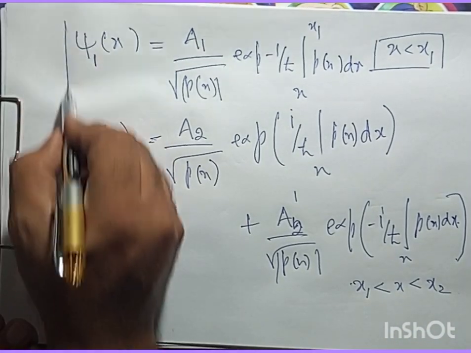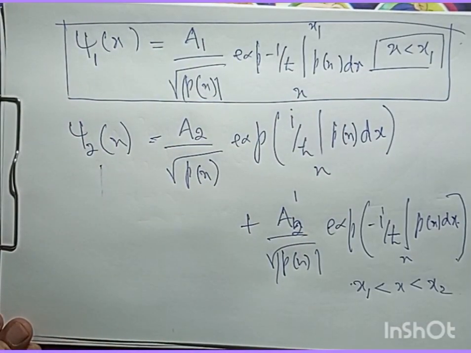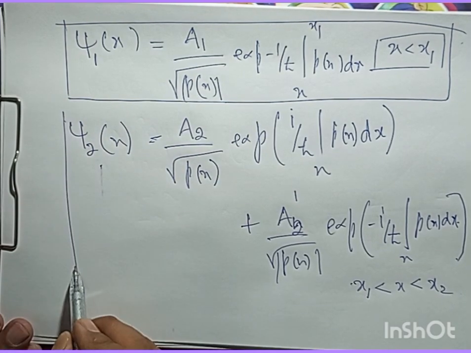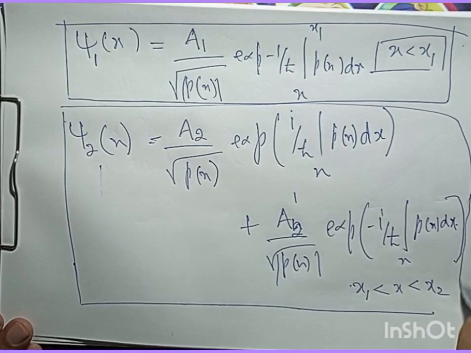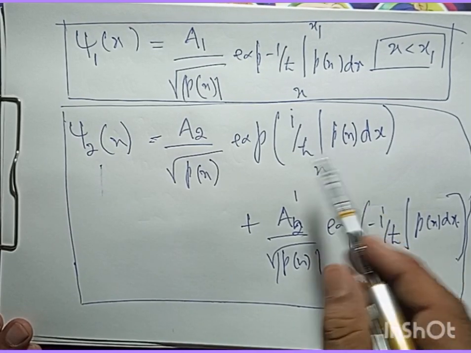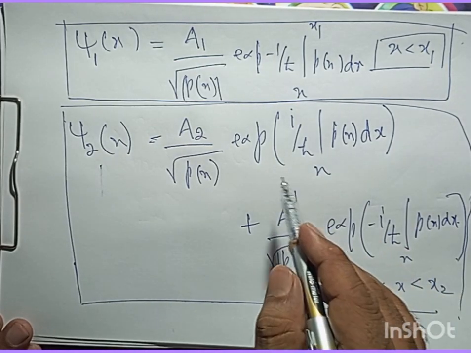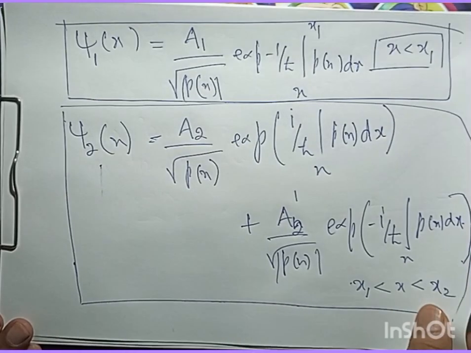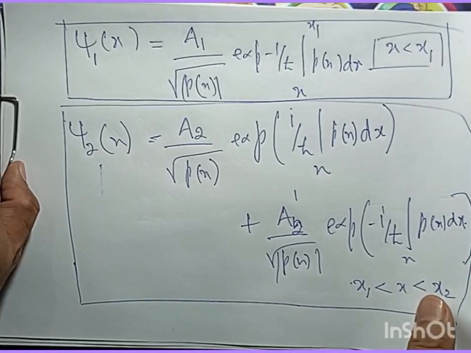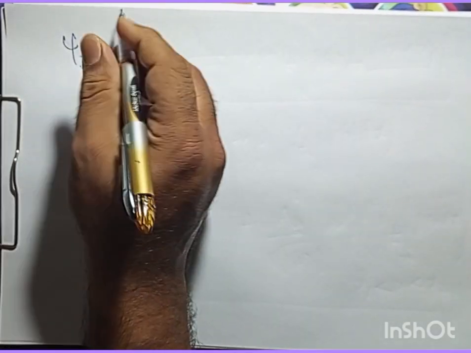So what we have done, we have written down the wave function for region 1, and this is perfectly exponentially decreasing. Then we have written down the wave function for region 2, where certainly those mathematical simplifications will lead to an oscillatory function at the end for psi 2 of x. Then writing the wave function for the third region, I'll call that psi 3.